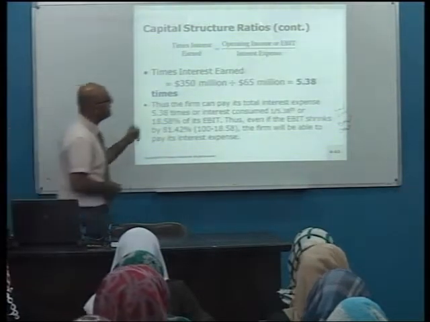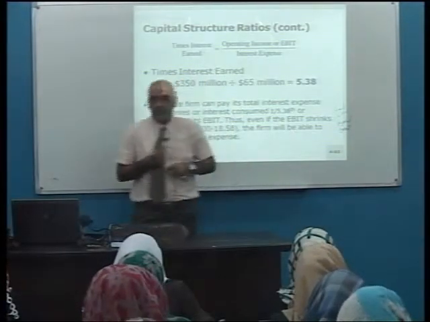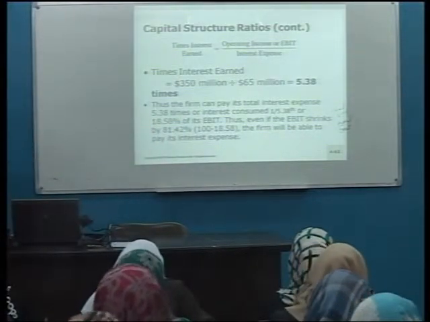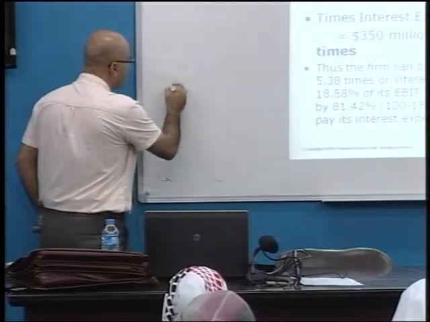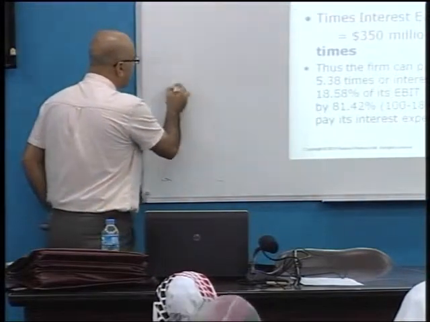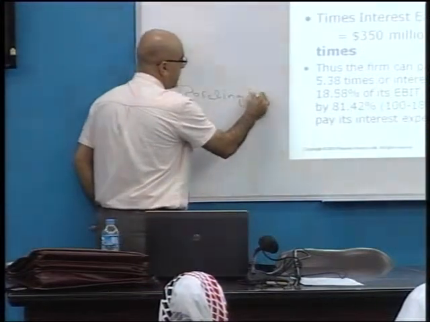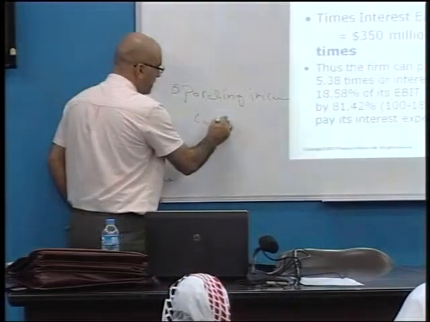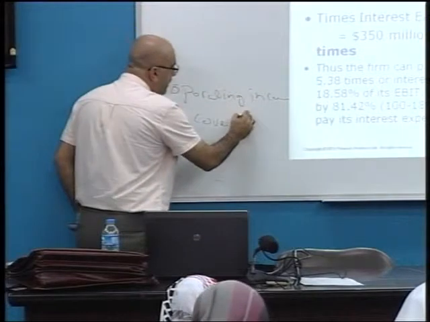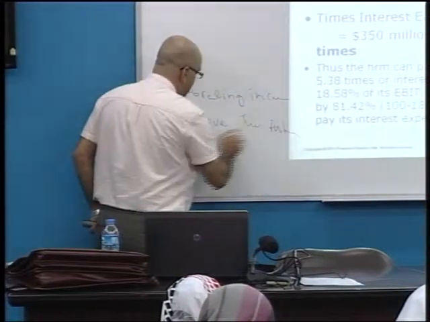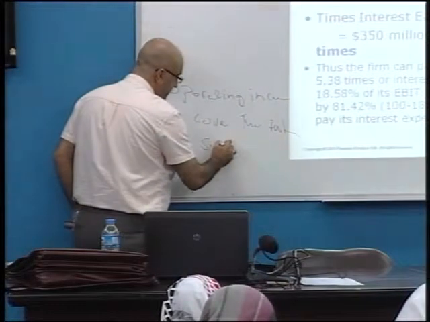And you see here it is 5.38 times. What this means is that the operating income covers the interest expense by 5.38 times.